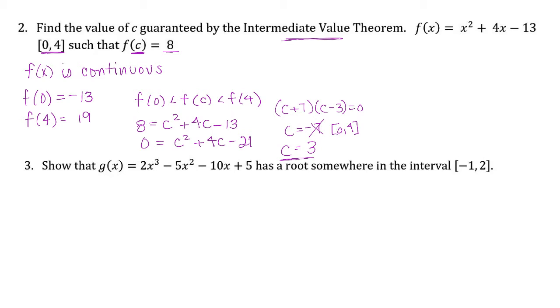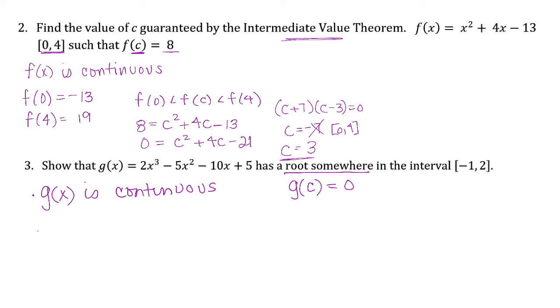Okay, now the next problem says show that g of x has a root somewhere over the interval from -1 to 2. What that means is if g of x has a root somewhere, there's some c value so that g of c equals 0. Again, we need to make sure we illustrate that we know g of x is continuous. That is important for us to show.